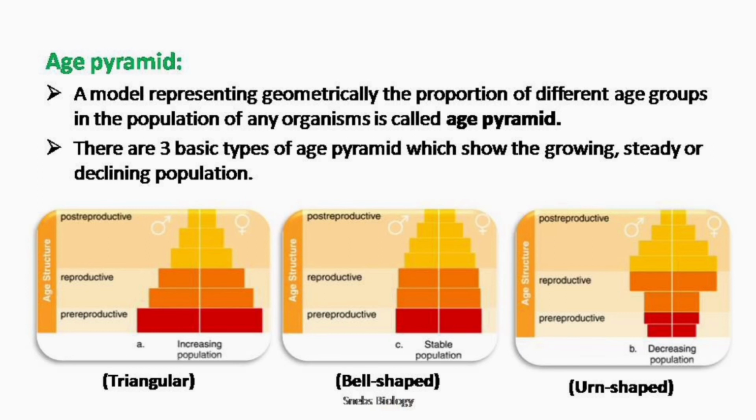That means, is it a growing population, or is it a steady population, or is it a declining population? So let us take a population where the number of pre-reproductive is maximum. That means the individuals under 18, if you are talking of human, that is the maximum. Then comes the reproductive number, and then it is post-reproductive.